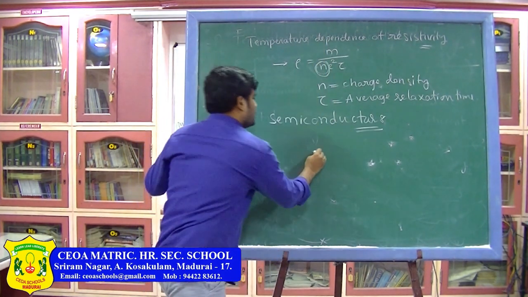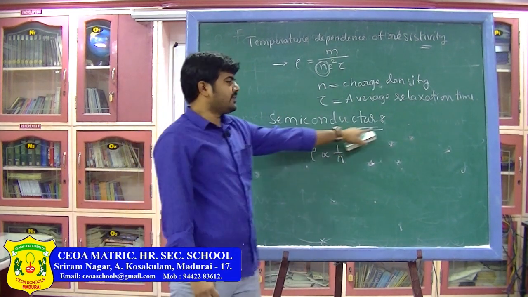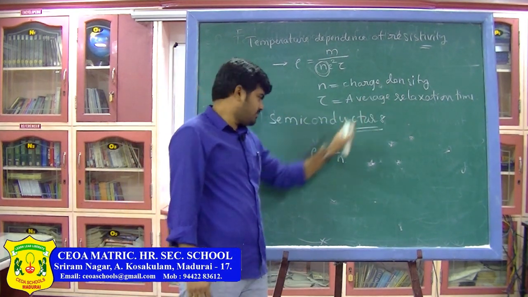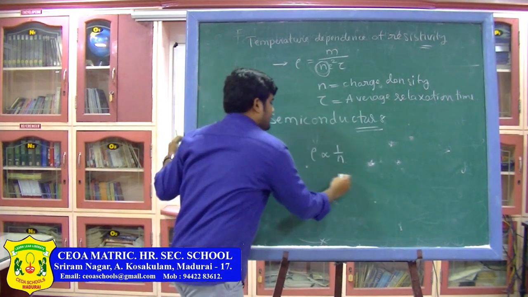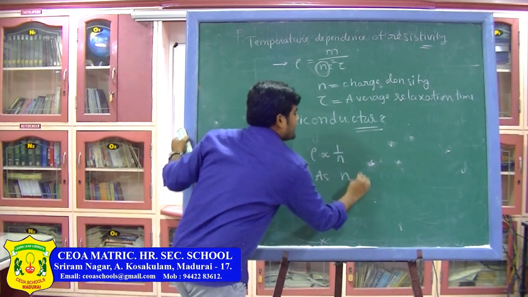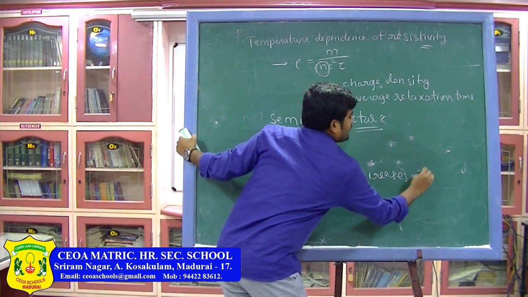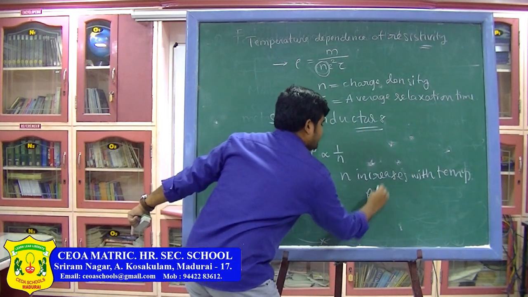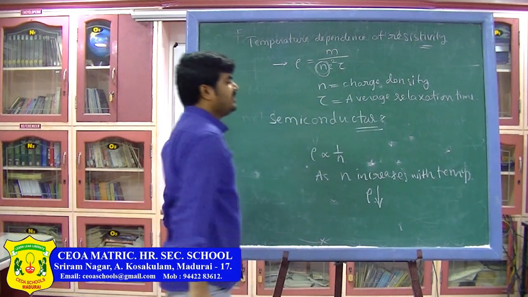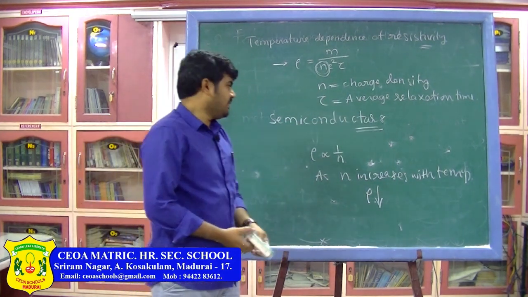So here rho is inversely proportional to n. When temperature increases, the charge density will increase in the material, so resistivity will decrease. So as n increases with the temperature, resistivity of a semiconductor decreases with the temperature. That is how the semiconductor's resistivity depends on temperature.